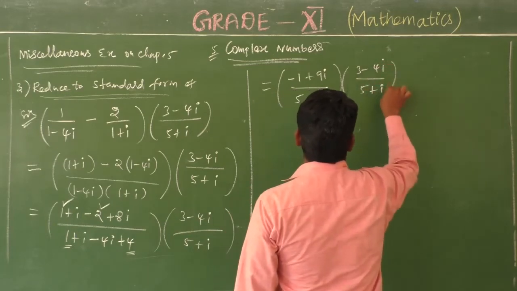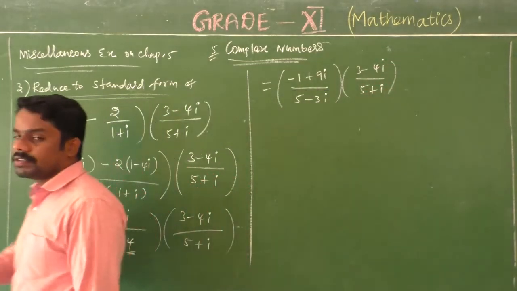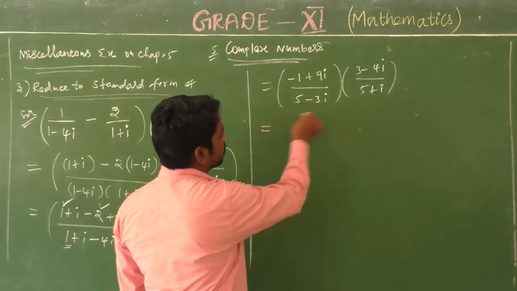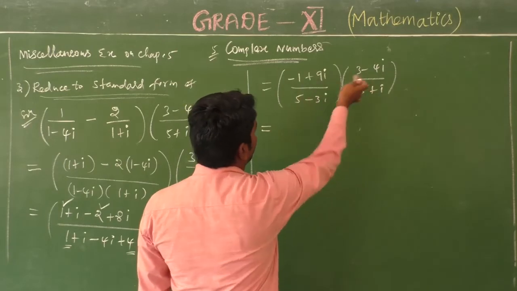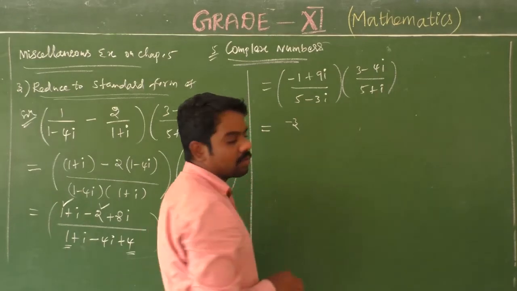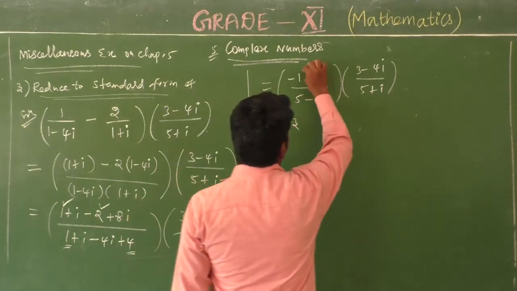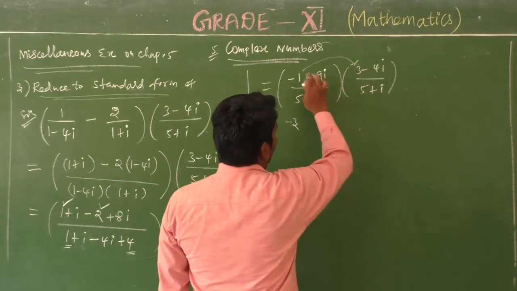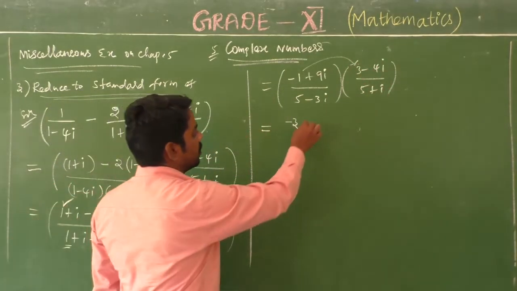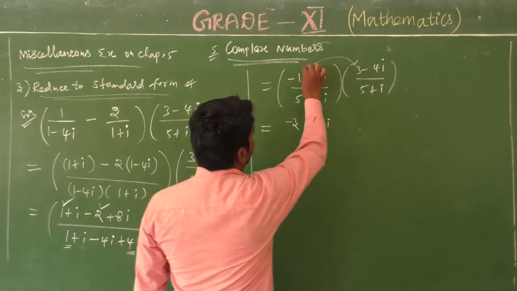Now multiplication of two complex numbers. Numerator into numerator: minus 1 into 3 is minus 3, and minus 1 into minus 4i is plus 4i.